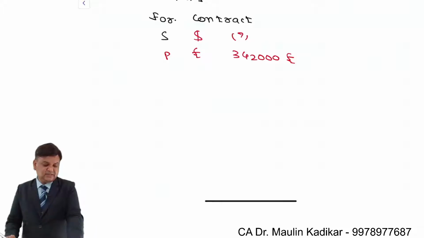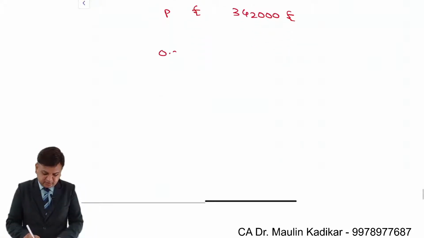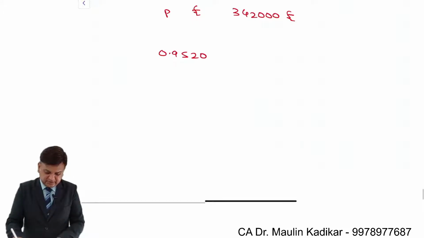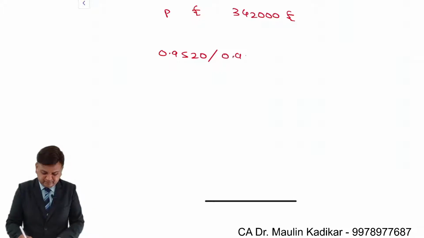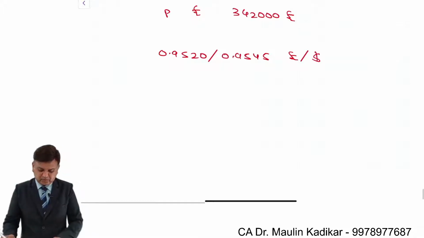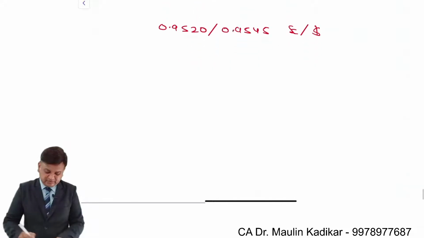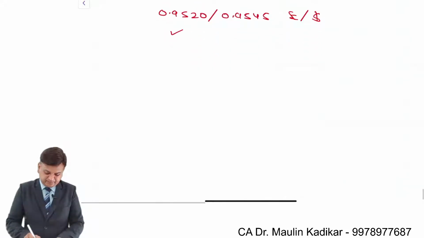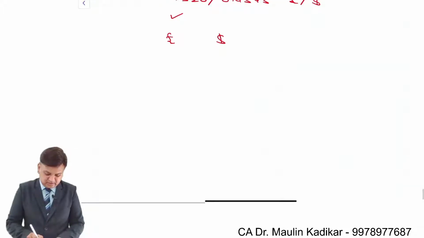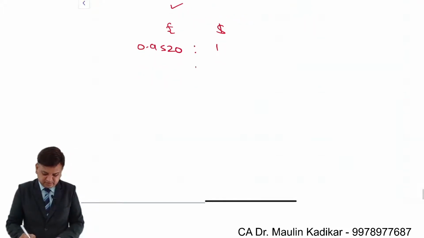Let us see the forward exchange rate provided to us. The forward exchange rate provided to us is 0.9520 slash 0.9545. It is pound per United States dollar. So for every $1 you will get a smaller amount of pounds. So 0.9520 pound is equal to $1.